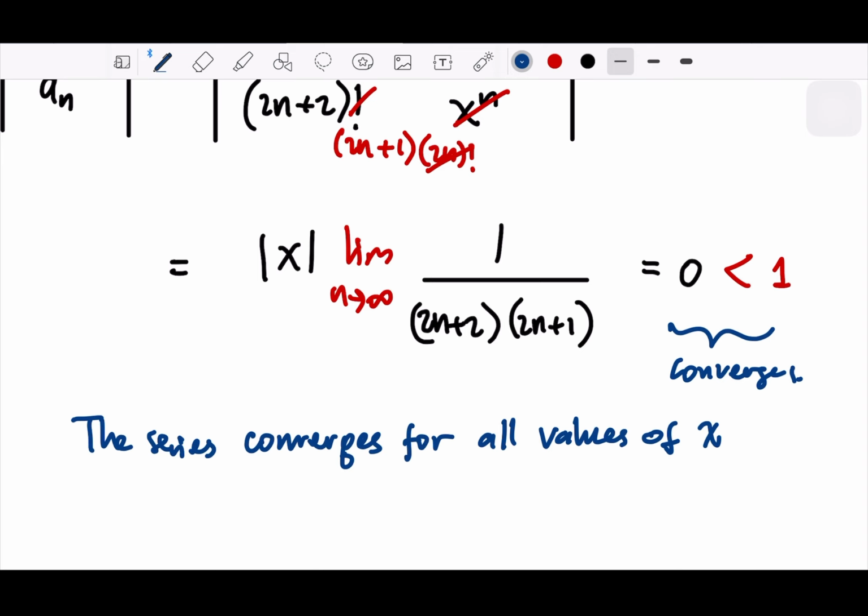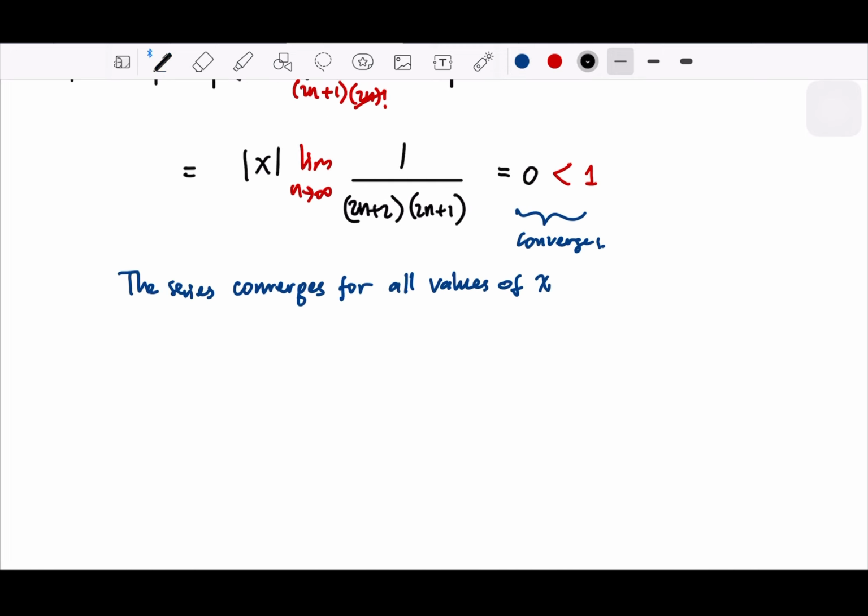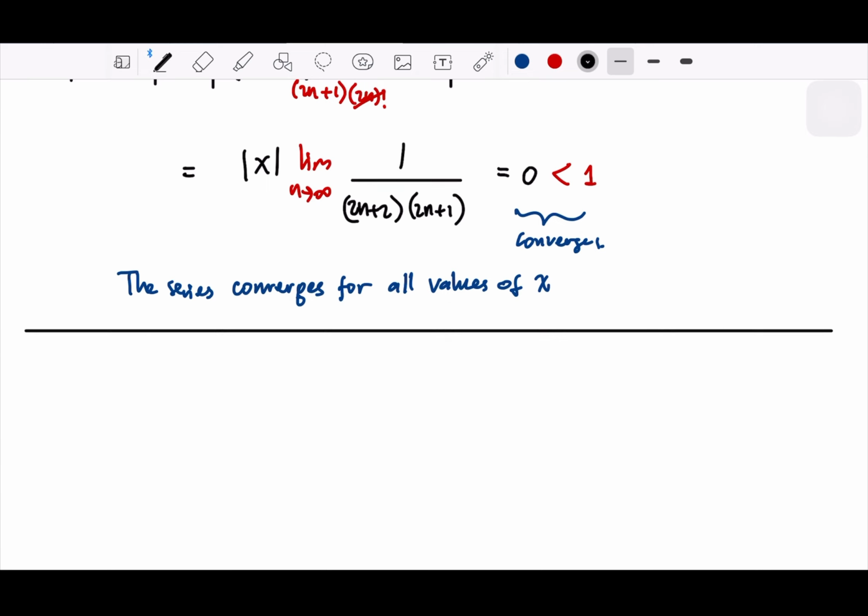From these three examples, the first, second, and third, we now have at least three possibilities. This is called the interval of convergence.